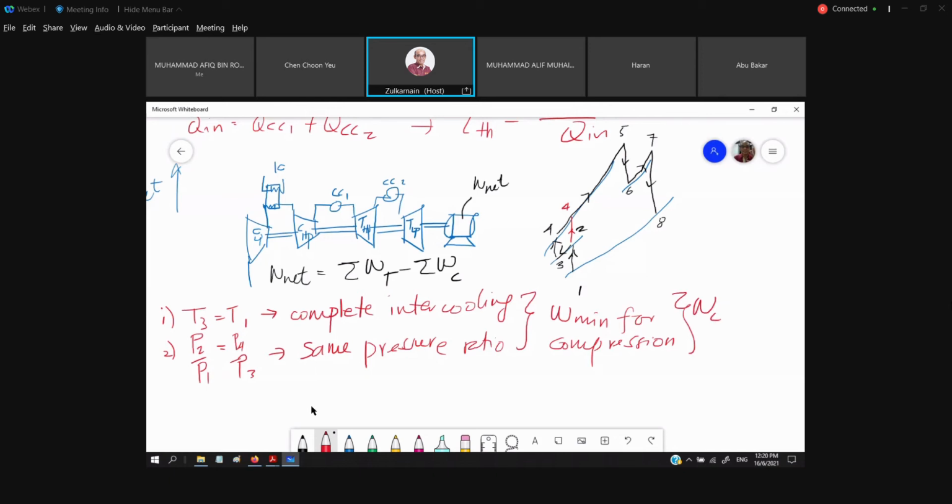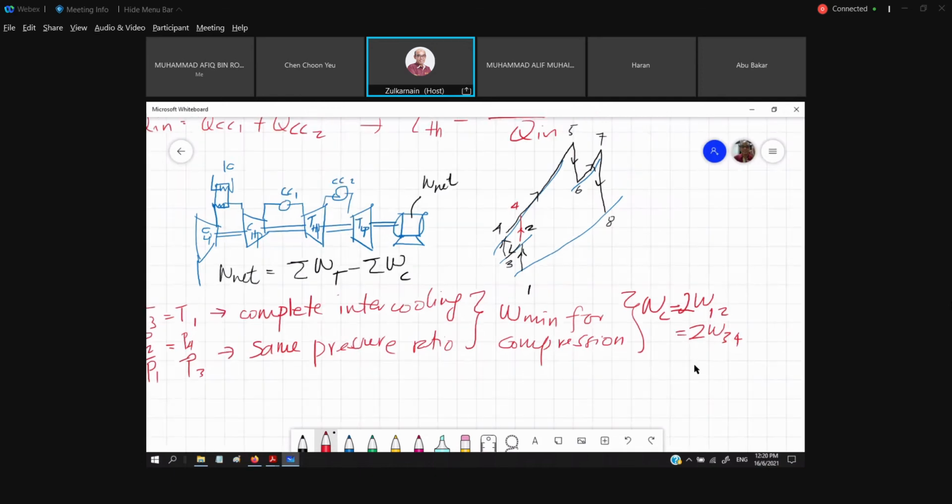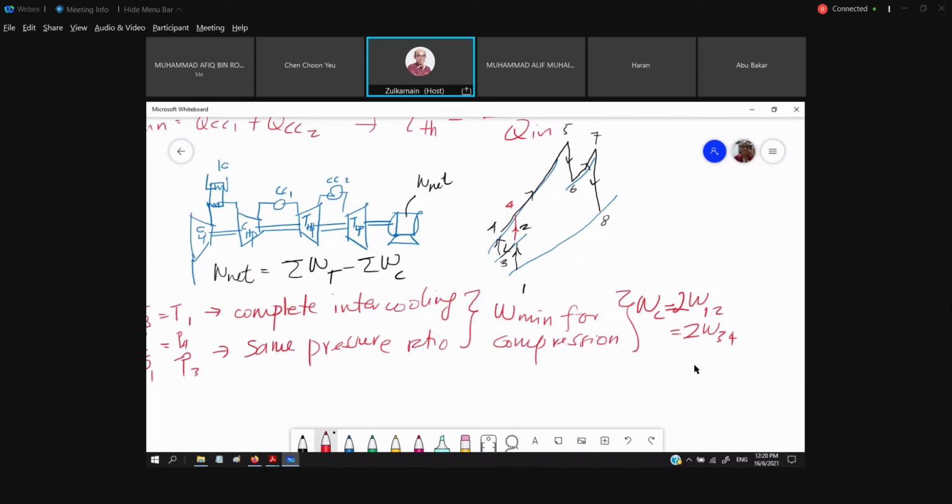The work of the compressor is equal to 2 times the work for low pressure, 1 to 2, equal to 2 multiplied by the work for 3 to 4. Why? Because when we have this minimum work characteristic, we have T3 equal to T1, and then we also have T4 equal to T2. That's why we can use this formula.